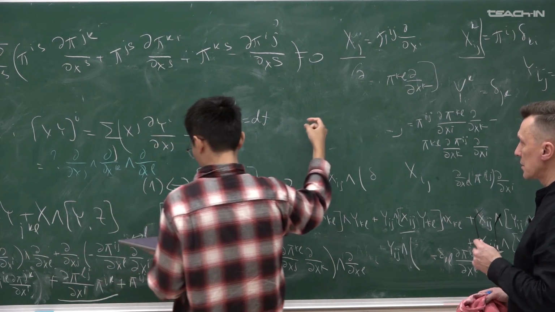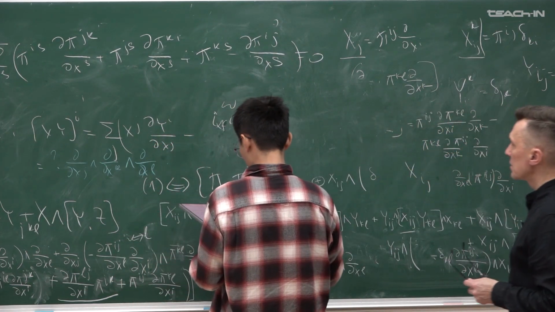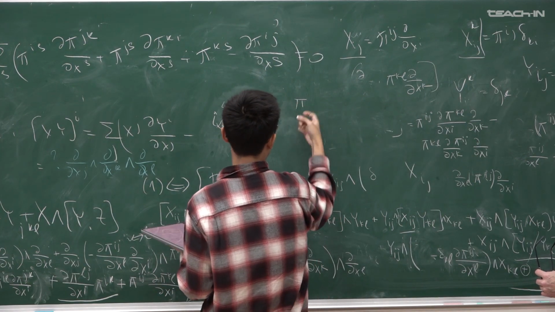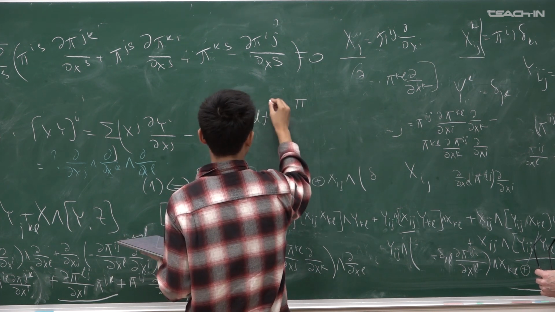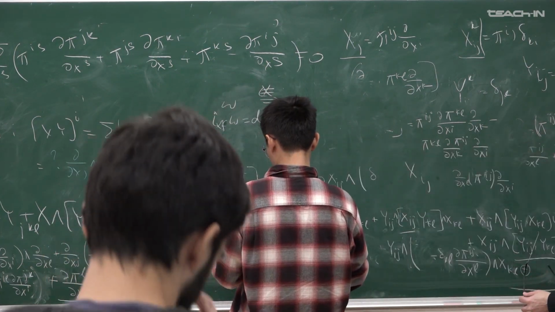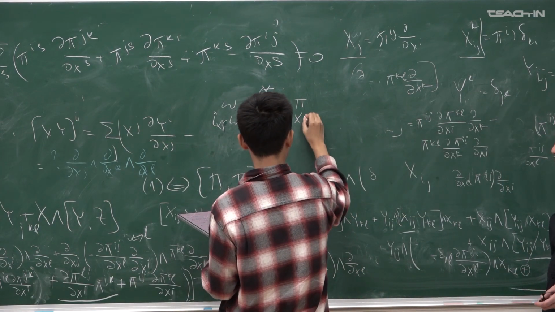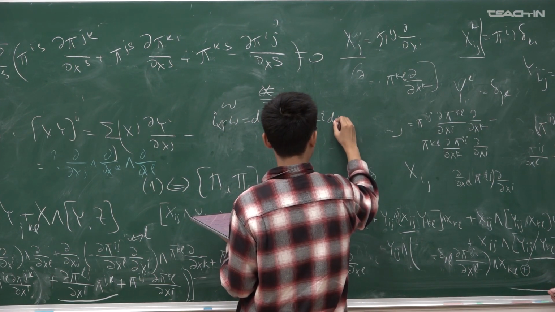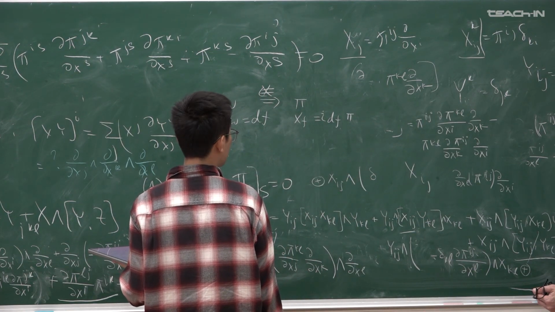Now this one is not degenerate, but this one may be degenerate. But my question is, can we now still define the Hamiltonian vector field?